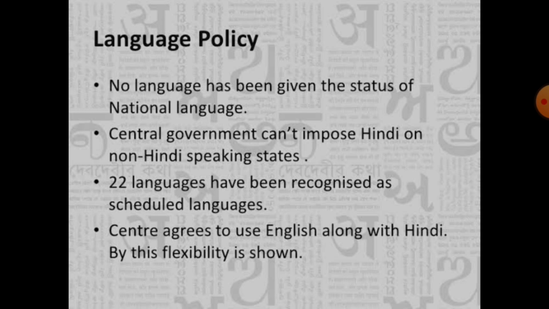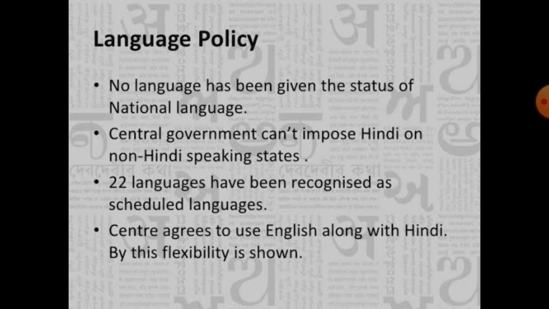As per our Indian constitution, the status of national language has not been given to one particular language, but the language Hindi was given the status of the official language, though it is the mother tongue of only 40% of Indians. So the point is that the constitution and the leaders have to preserve the other languages also, because India is a diverse country, especially along linguistic lines.